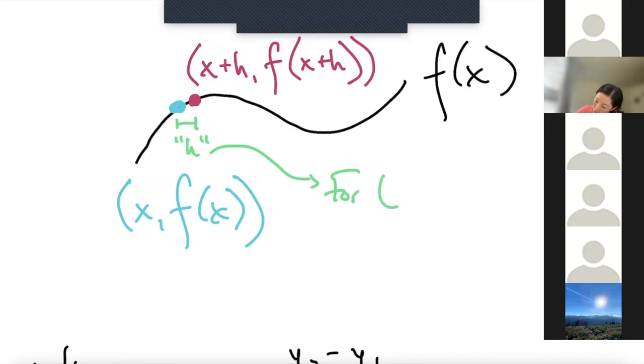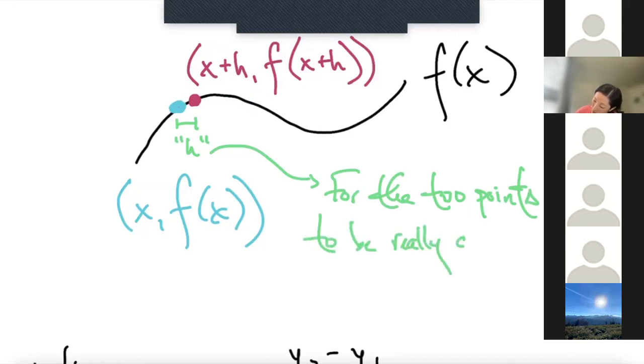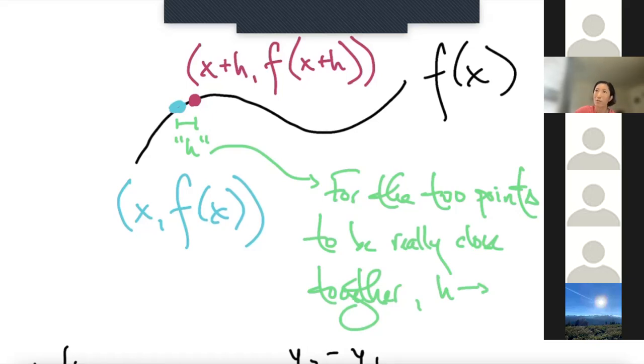For the 2 points to be really close together, H must approach, and let's think back to the values that we used before.